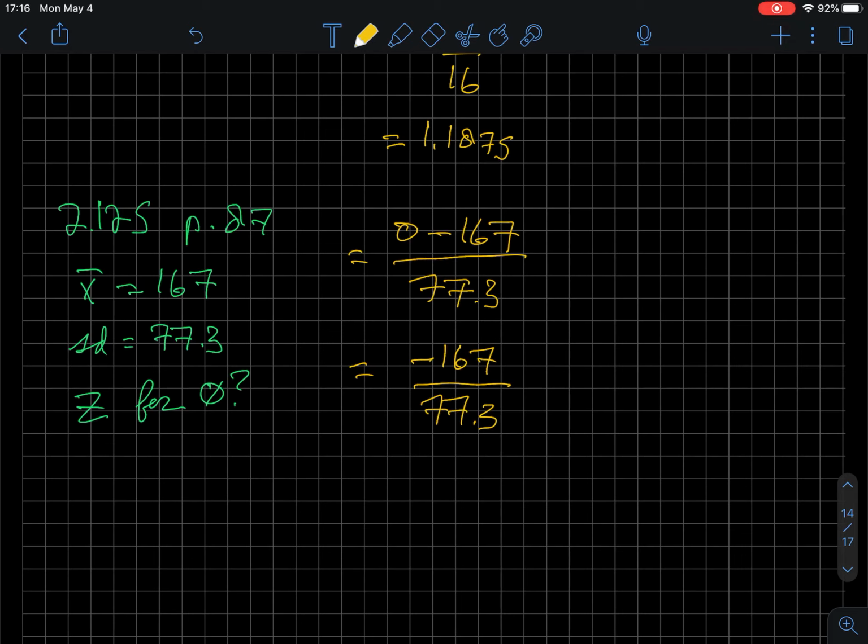Dividing negative 167 by 77.3, we end up with negative 2.1604, and we would round that to negative 2.16.